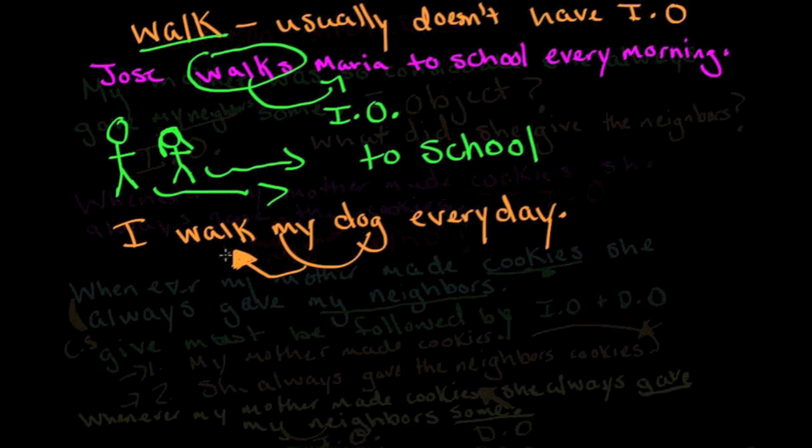I walk my dog every day. And sometimes there might be a verb like walk, also feed, where there usually isn't an indirect object, but in some circumstances we use an indirect object to indicate what we mean. I hope this helps.